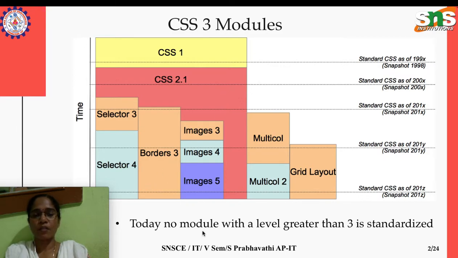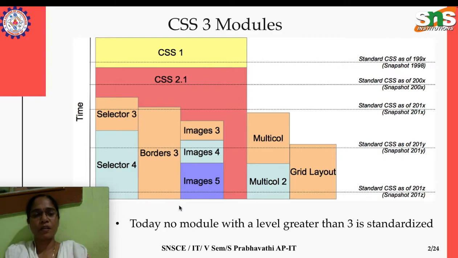Today no module with a level greater than 3 is standardized. See here in the picture of CSS3 modules, we have Selectors 4, Images module 4, 5, and so on. Those are not yet standardized; only up to level 3 is standardized.